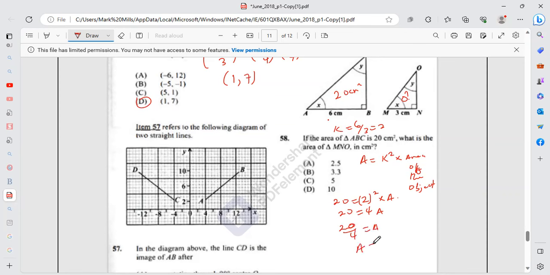So my a will give me 5. So the area of the object would have been 5. So this one you work out in reverse, right? Normally they'll give you the scale factor and the area of the object, and you want to find the area of the enlargement. But here they switch it around. All right.